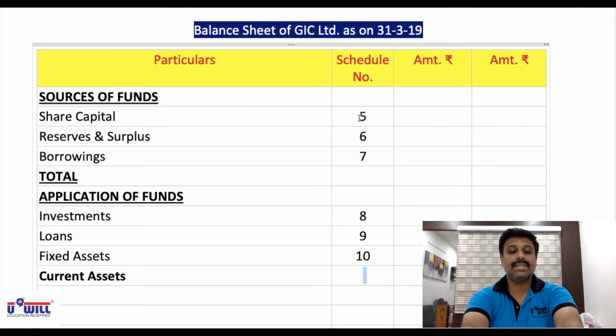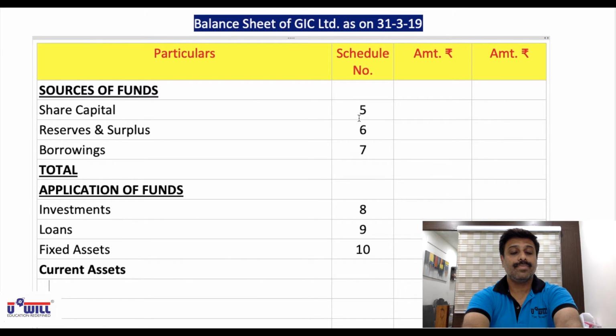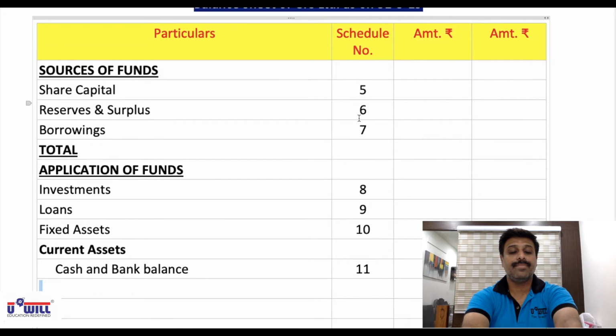Now within current assets we will show cash and bank balance, schedule number 11, advances and other assets, schedule number 12.